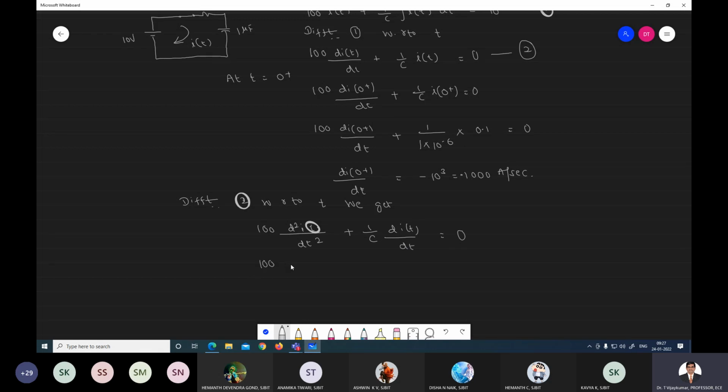At t = 0 plus, 100 d²i(0+)/dt² plus 1 by C di(0+)/dt is equal to 0.